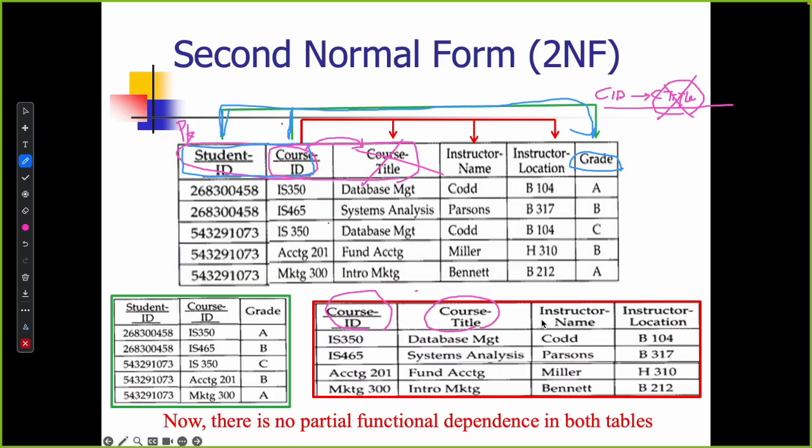Even if you keep instructor name and instructor location in the original table, eventually you have to put instructor information in another table, either way, because of the transitive dependency that I'm going to explain next.